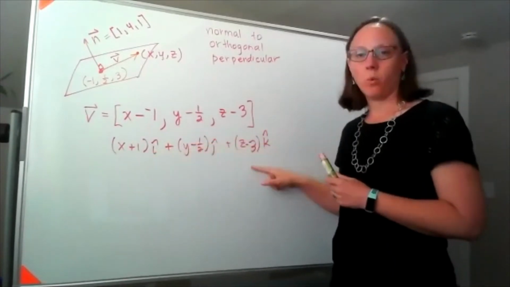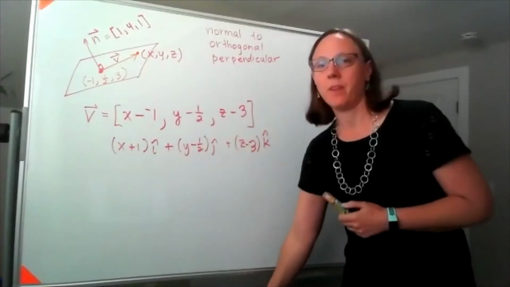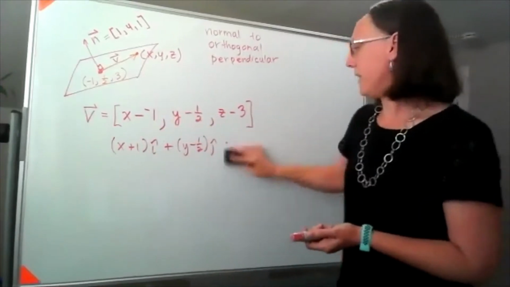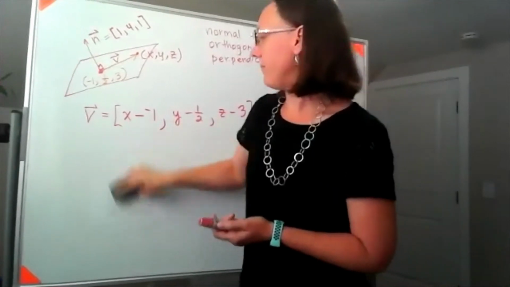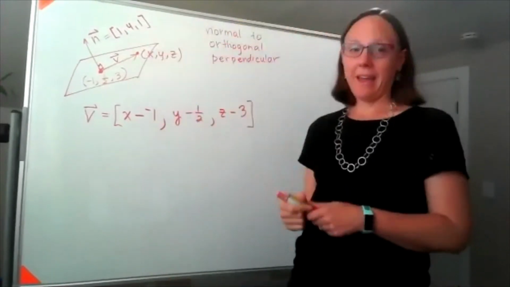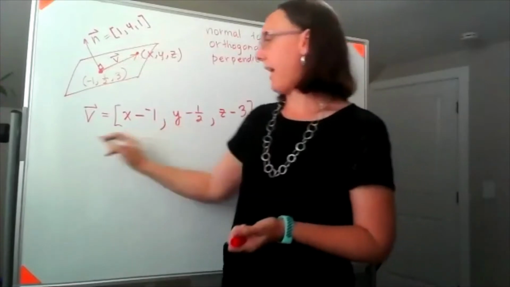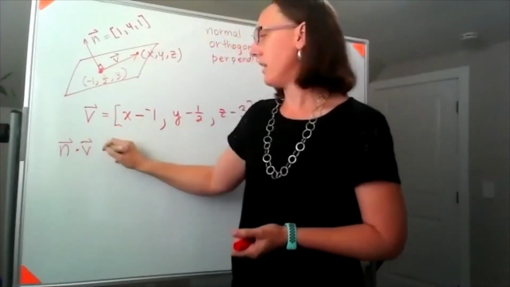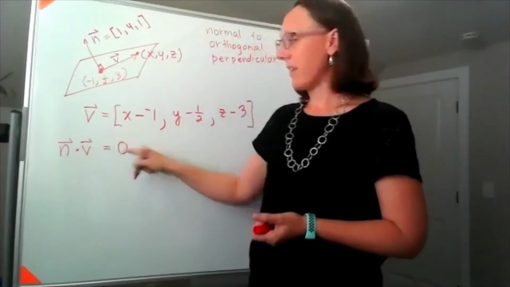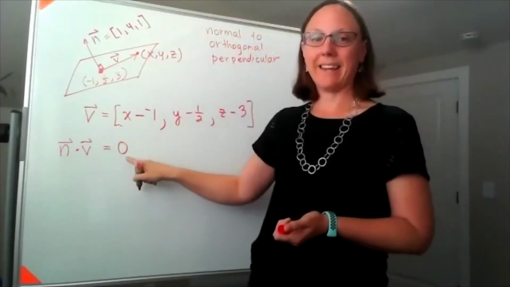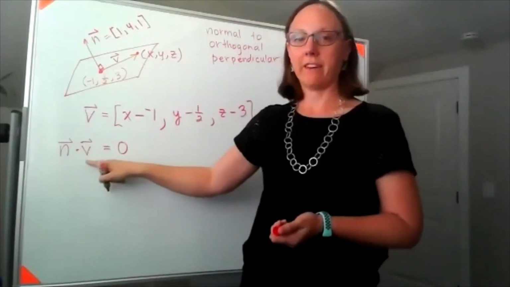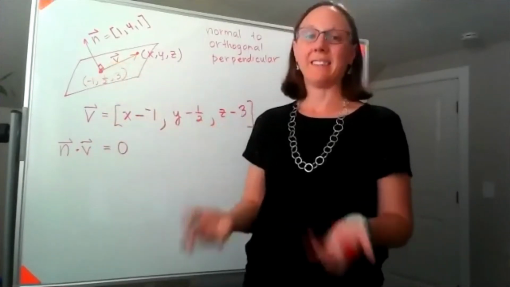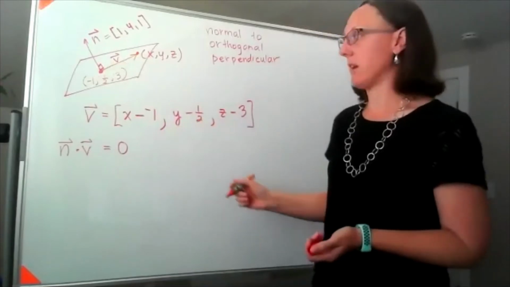It's just a different way of writing the same vector, but I'm going to stick with a row vector notation for now. So there's my v, and I've got my n, and I know that if I do n dotted with v and set that equal to 0, that's going to guarantee that my n and v vectors are perpendicular. And that's actually how we get the equation for the plane.